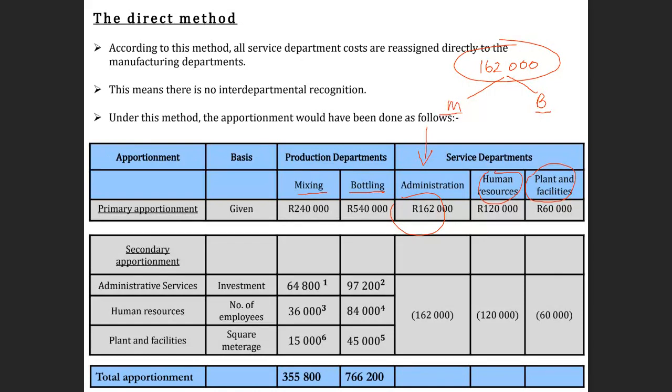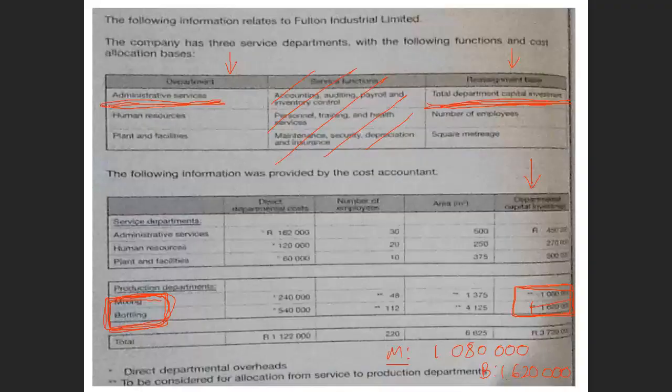So in order to determine that, we need to go back to the information provided, go to admin at the top, because this is which department's cost we are allocating. It says to us in order to allocate the cost, the basis upon which we reassign the cost is the total department investment or total department capital investment.